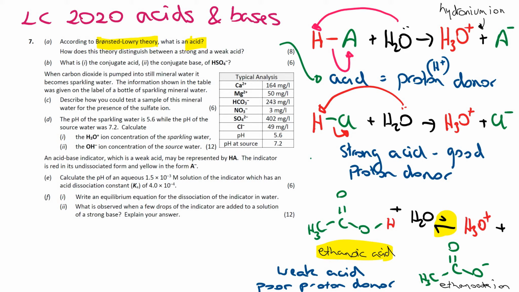The other way of looking at it is the molecule just breaks apart, or dissociates, into its ions, and the easier that molecule finds it to dissociate, the stronger the acid. According to Arrhenius, a strong acid will fully dissociate in water, whereas a weak acid partially dissociates. Essentially the same process is happening.